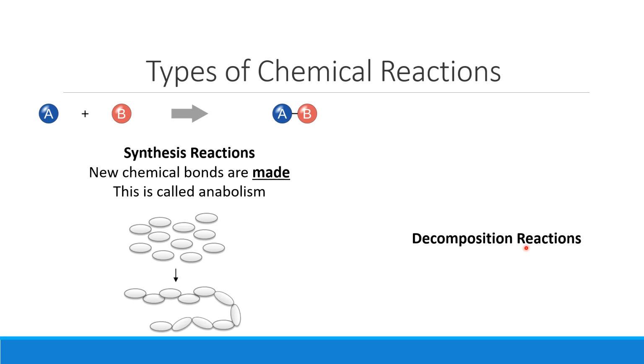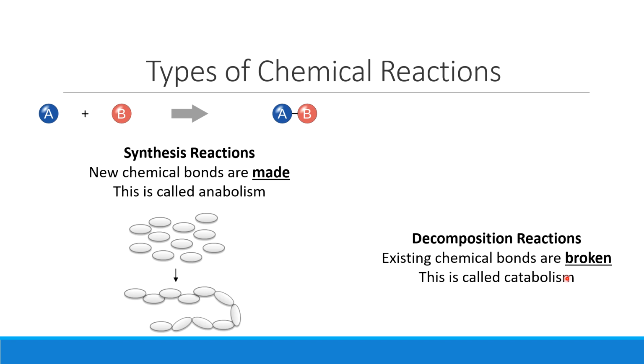The opposite is decomposition reactions. Remember that in decomposition reactions, we're breaking things down. Something started big and it gets much smaller. The other word for decomposition reactions is catabolism. Catabolism means the same thing as breaking apart chemical bonds.